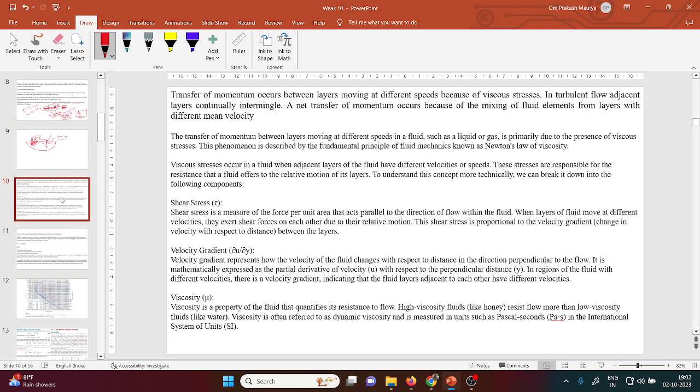The transfer of momentum. This is a very, very important concept. Transfer of momentum is nothing but, if you go through the very basic things, momentum is nothing but mass into velocity.